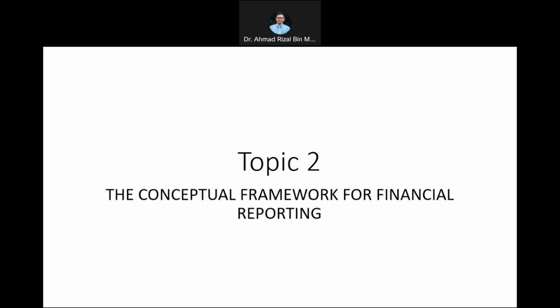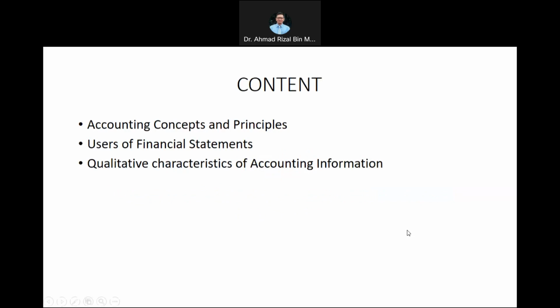In this topic, we're going to look at some of the elements of the conceptual framework for financial reporting. The objective of this topic is so that the students are able to understand and also explain some of these concepts.